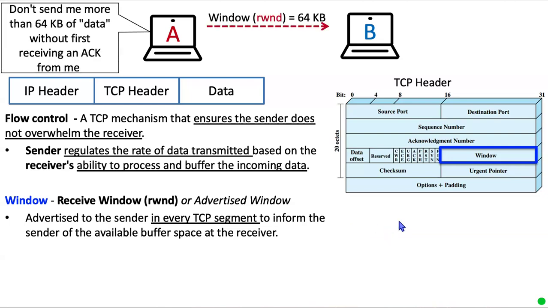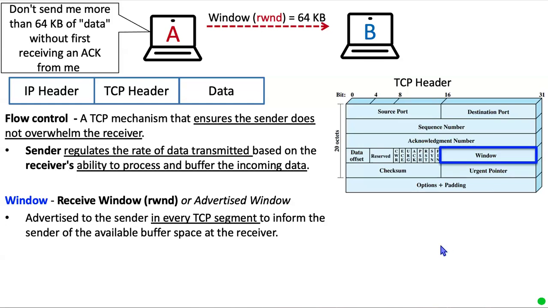Okay. So for example, whenever PCA sends a segment to PCB, it might include in its window field, don't send me more than 64,000 bytes. Don't send me more than 64,000 kilobytes of data without first receiving an acknowledgement from me.